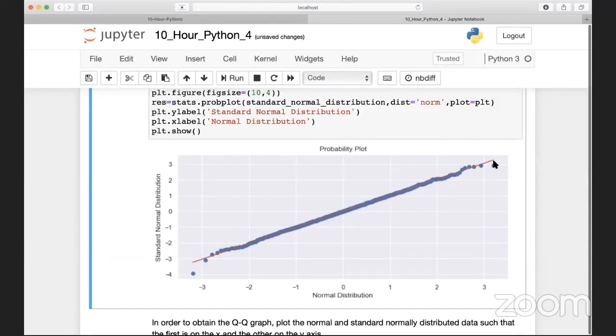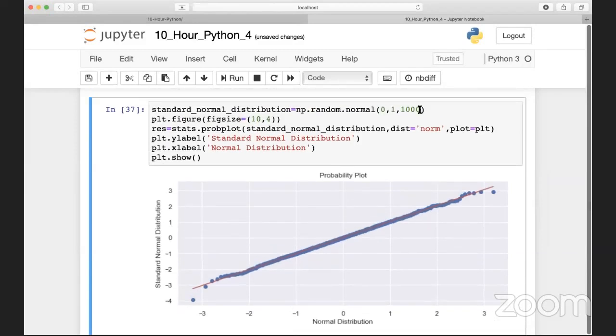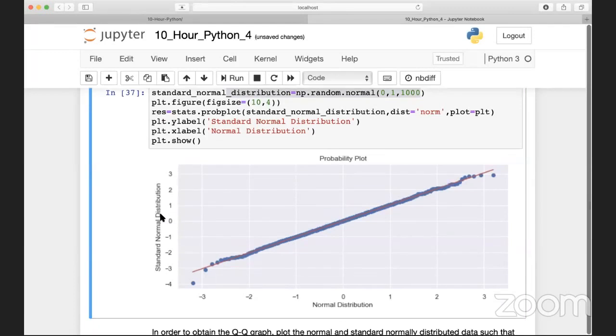There may be some deviation on the right-hand side and the left-hand side of the distribution, in the outliers. That's fine. That can be tolerable. But the story is this: the standard normal data that I generated here follows the 45-degree line, which means that this data follows normal distribution. Okay.